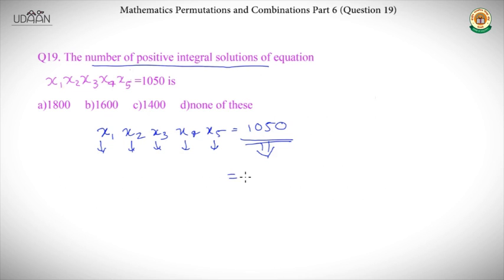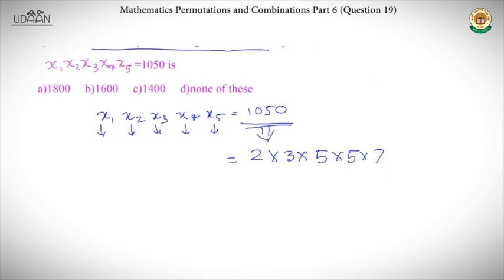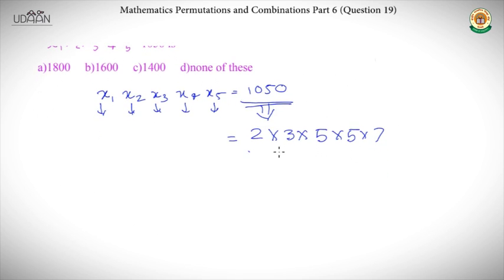factorize 1050, and it comes out to be 2 into 3 into 5 into 5 into 7. So this is the prime factorization of 1050. Yes, 2, 3, 5, 5, 7 are the prime factors of 1050. Now let's see the permutation, the arrangements of these numbers for x1, x2, x3, x4 and x5.